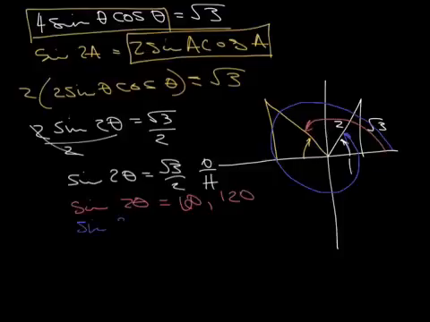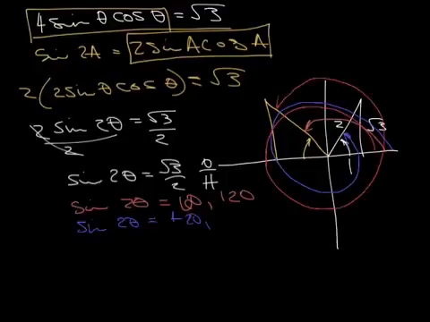So the sine of 2 theta is going to be also a 420-degree angle. And let's do this in red. If we go around this way, all the way around to this one again, we are at a 480-degree angle.